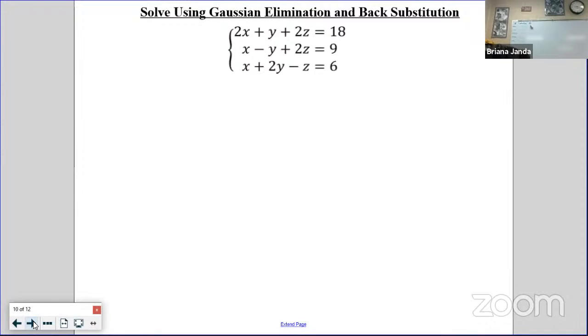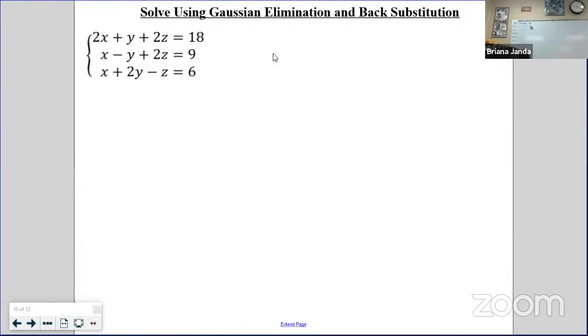All right. The first job is to just take your system and translate it into an augmented matrix.